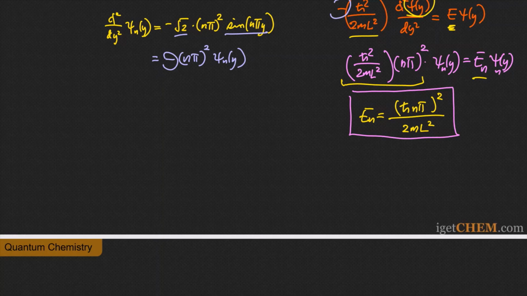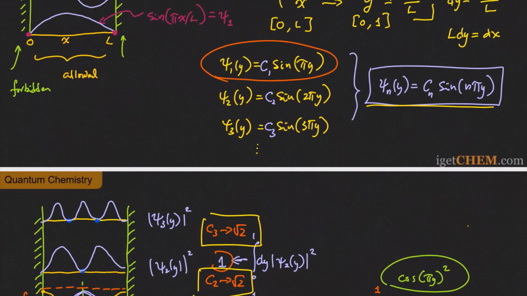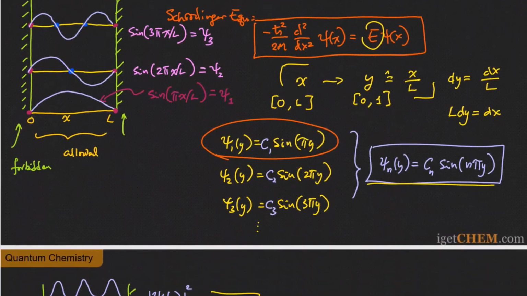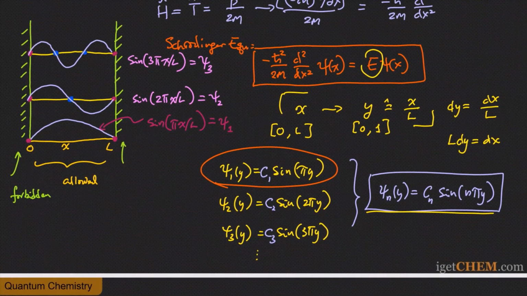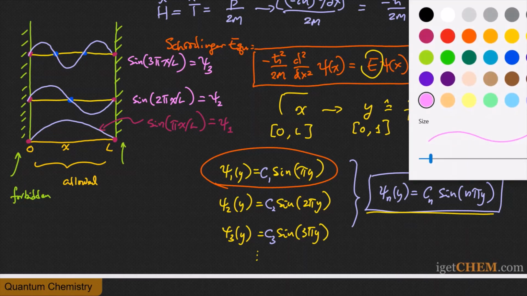Okay, so now going to the actual solution of this problem. The question is really asking you to find the probability of finding the particle between 1/4 L and 3/4 L. So let me go back to the original figure and draw a line indicating where these two points are.